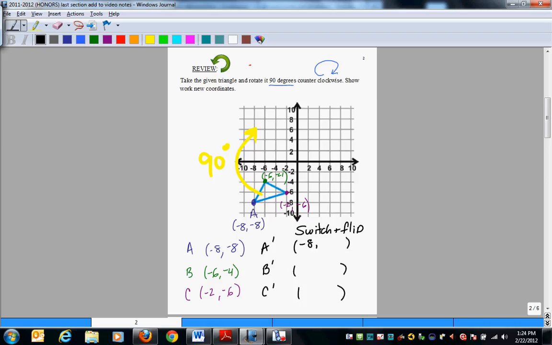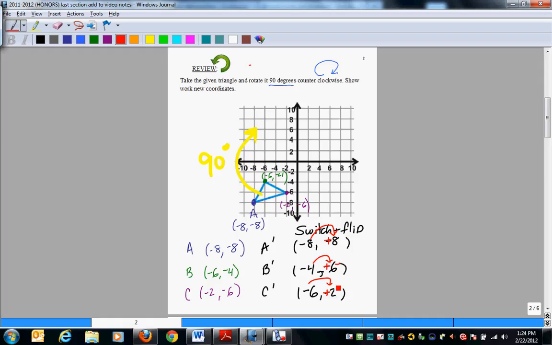Technically, that's going to be -8, -8, -4, comma, -6, and then -6, -2. That's switching the order. And then we're going to flip the signs because it's clockwise. We draw a clockwise arrow on the right and flip the sign. Clockwise arrow, flip the sign. Clockwise arrow, and flip the sign.